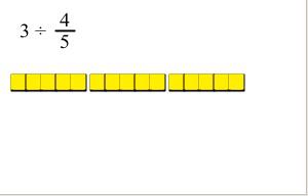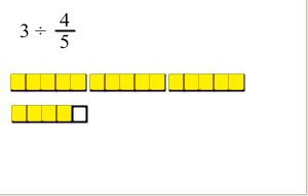So the first thing I do is take a fraction strip that represents 4/5. So this fraction strip down below here represents 4/5. And so we have to see how many of these are going to be equivalent to 3, or how many of these we can get out of this.